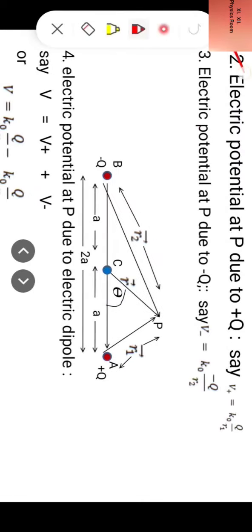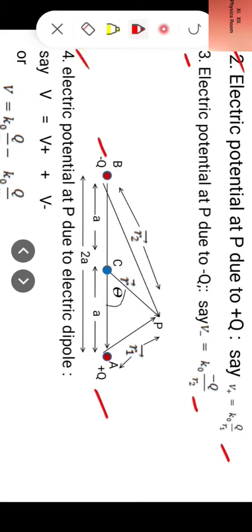Now at the second step we go for electric potential at P due to plus Q. Say V plus, it is equal to K naught Q by R1. And at the third step we go to electric potential at P due to minus Q. Say V minus equal to K naught minus Q by R2.